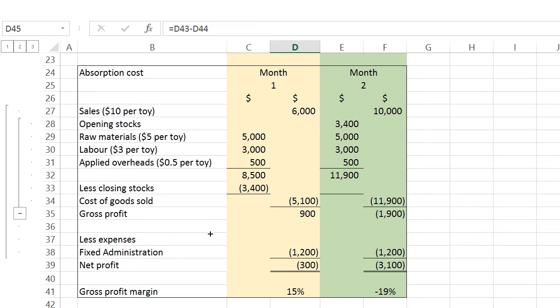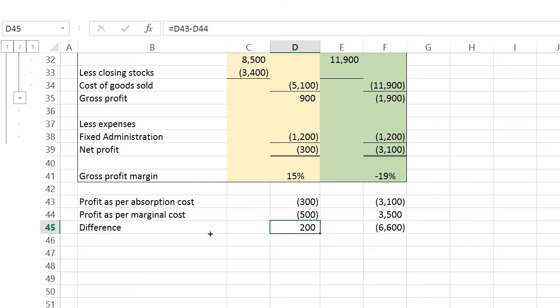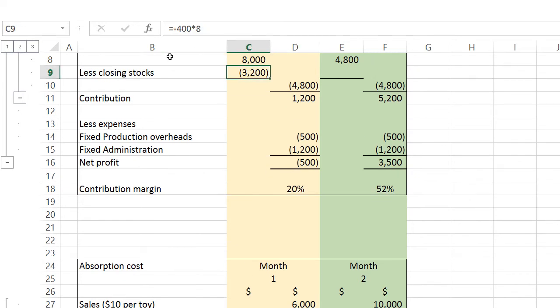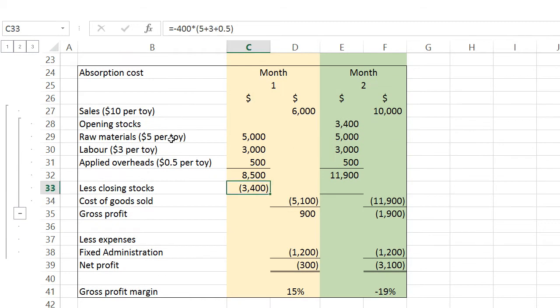We understand that the reason absorption cost and marginal cost gave you different net profit was because of these two things: the value of the closing stocks from marginal cost and the value of the closing stocks from absorption cost. The way these two stock values are calculated is quite different, because absorption cost takes into account that each unit of production must include 50 cents, a component of overheads, unlike marginal cost.